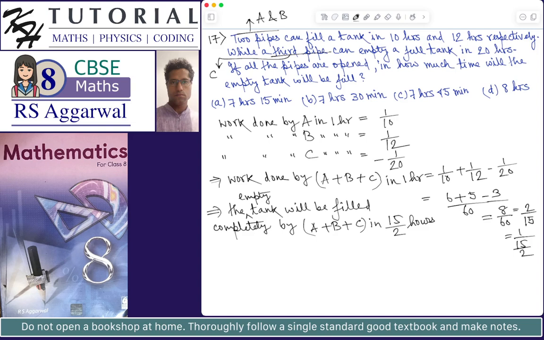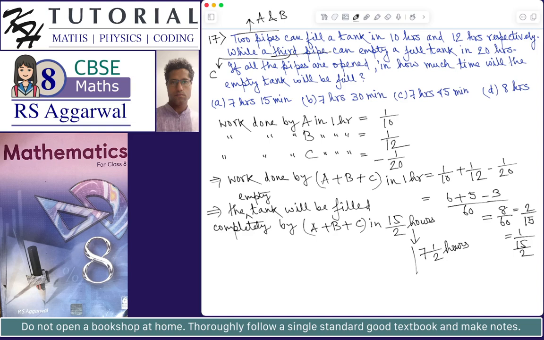So in this case, the work done by A plus B plus C in 1 hour is 2 by 15, which is equal to 1 by 15 by 2. Then we can say that the empty tank will be completely filled by A plus B plus C in 15 by 2 hours. So 15 by 2 hours is equal to 7.5 hours.